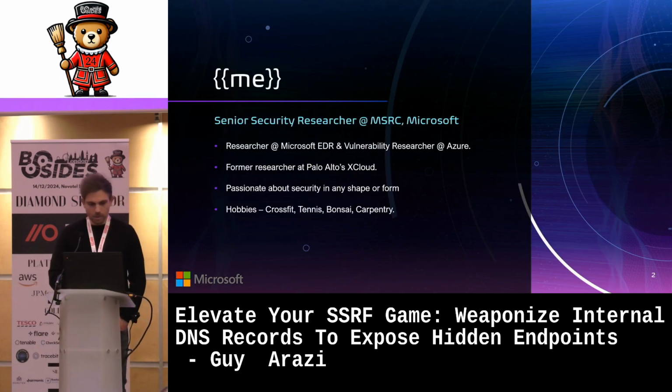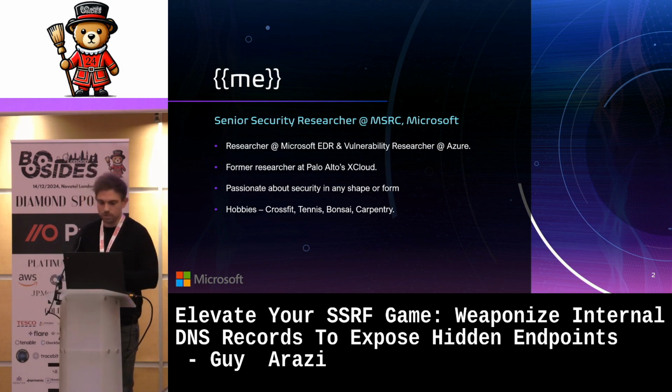First of all, about me, I work in the Microsoft MSRC vulnerability and mitigation research team. We essentially take all the vulnerabilities in Microsoft, try to assess them, triage them, validate them, and propose the right mitigation that has the most impact on Microsoft across all of our products and features.